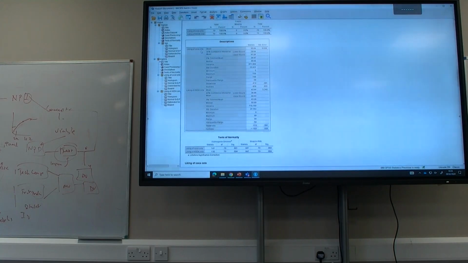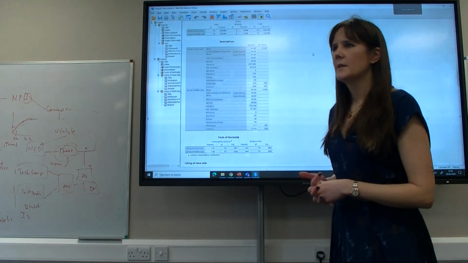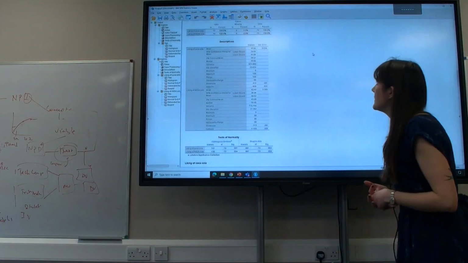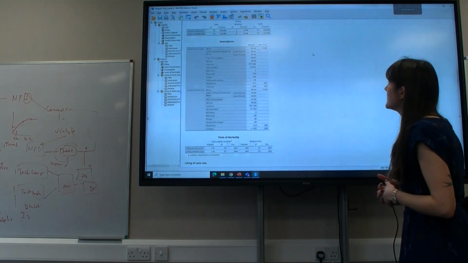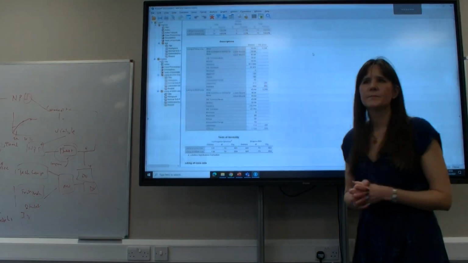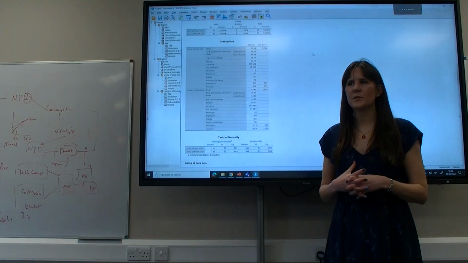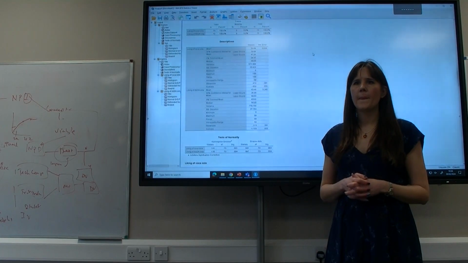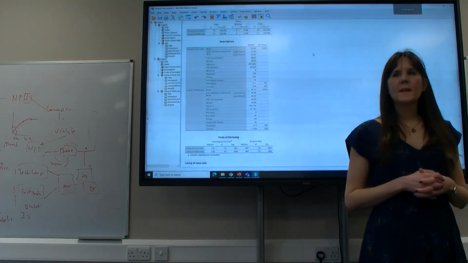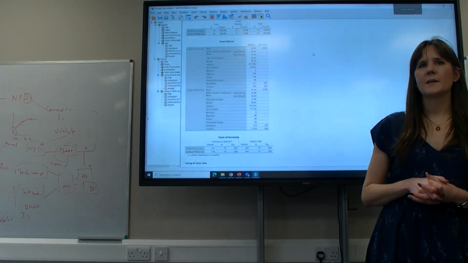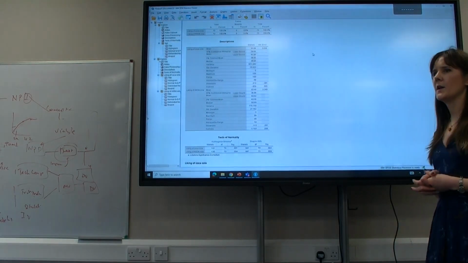What about if you look at the mean scores for Coca-Cola versus ASDA Cola? Anything interesting about the mean scores? More like Asda. Yeah, so ASDA Cola has a higher mean score than Coca-Cola.